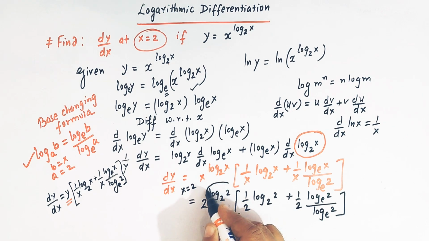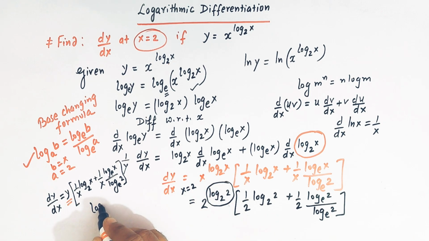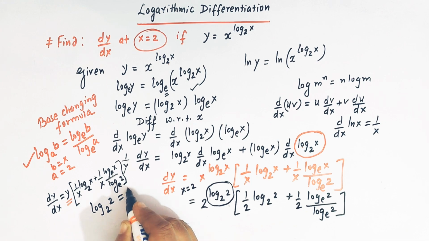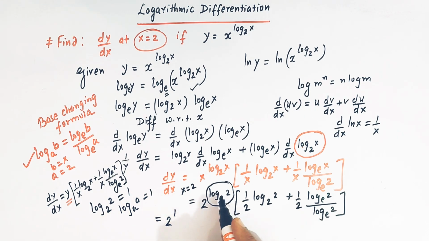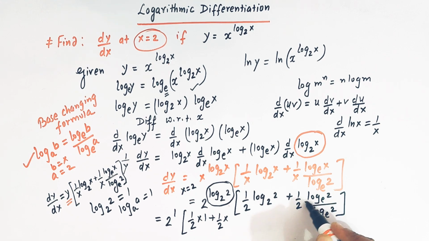And this quantity, log 2 to the base 2, is 1, because we know that log of a to the base a is always equal to 1, right? So here we have 2 raised to 1, and we have half, again this quantity is 1, so we have half times log 2 to the base e over log 2 to the base e, which get cancelled, so we have only half times 1, right?